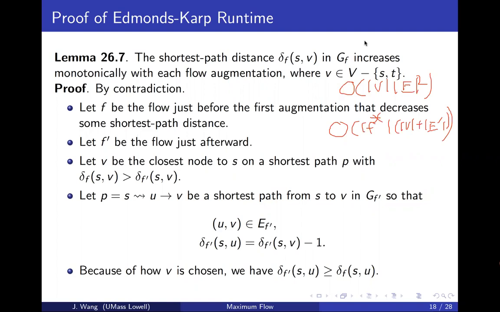Okay, so that it depends on the value of the flow. And Edmonds Karp is independent of the value of the flow.